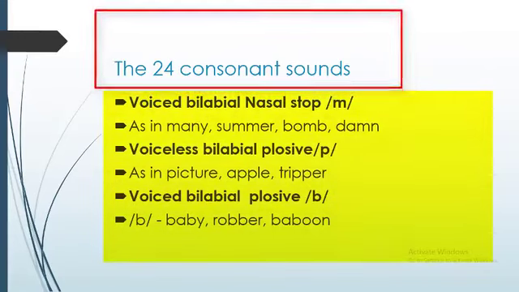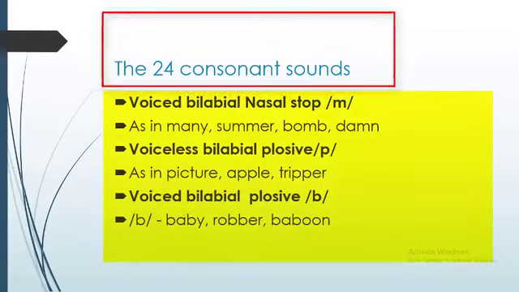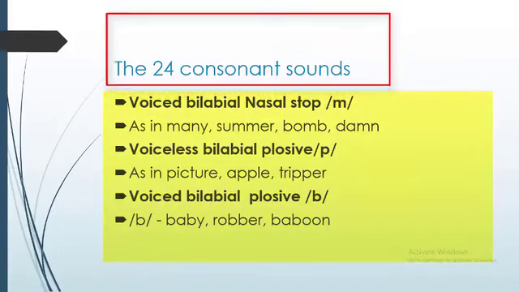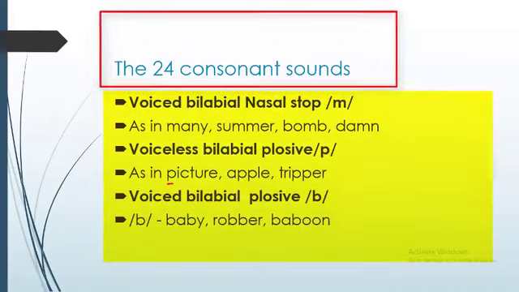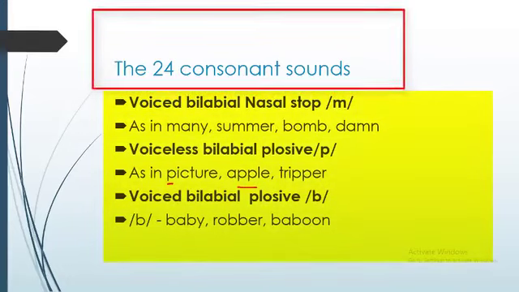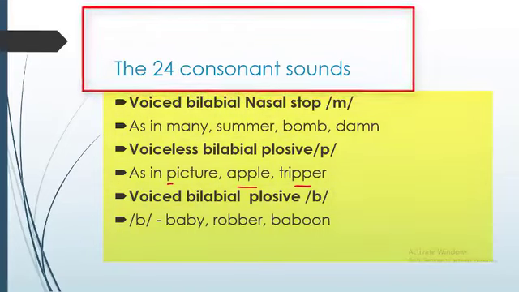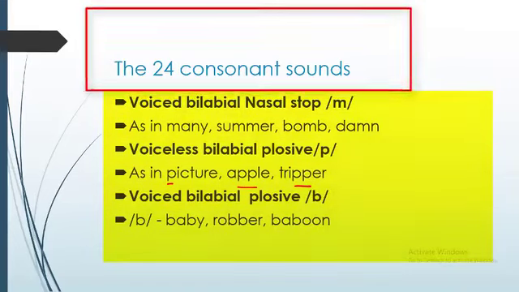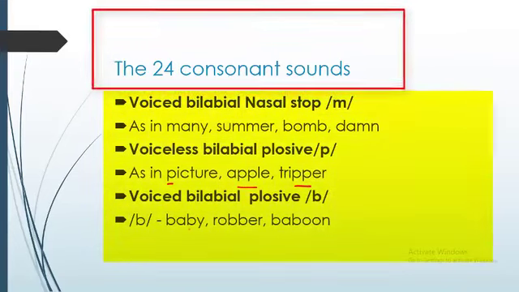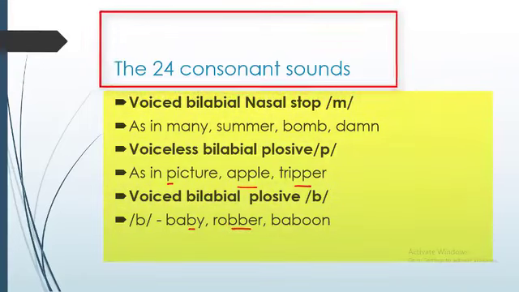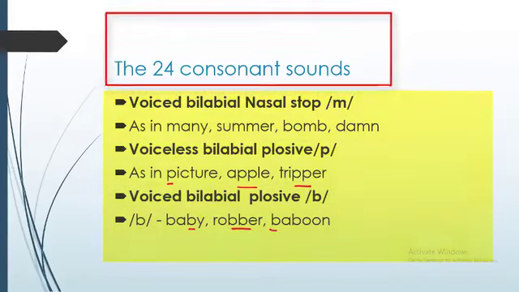Then we have P. It's a voiceless bilabial plosive consonant sound. We have it in words like picture, apple, tripper. Then the B is a voiced bilabial plosive consonant sound. Baby, rubber, baboon.